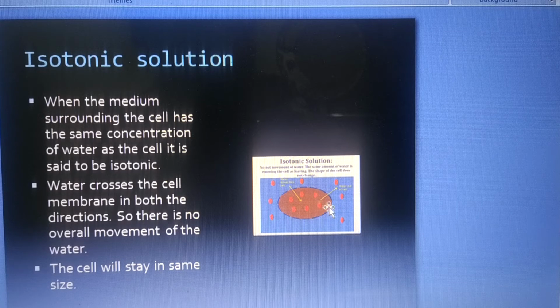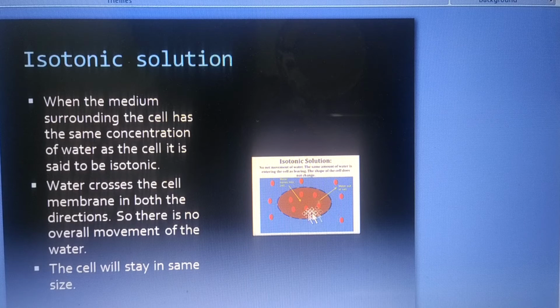The same number of water molecules are there. Then it looks as if water is entering, water is coming out, but the net movement of water is 0. We consider that there is no overall movement of water, and such a solution we call an isotonic solution.